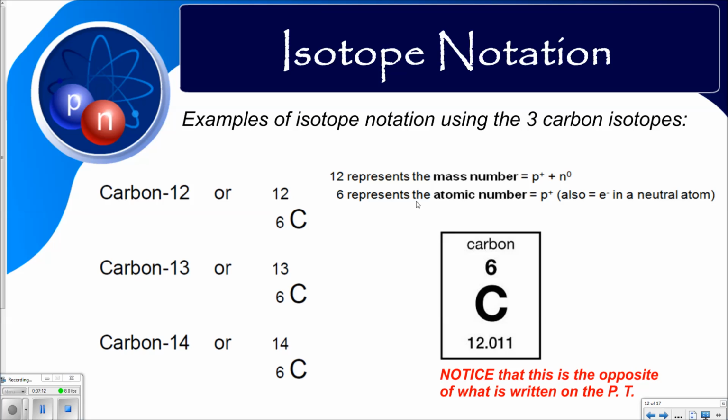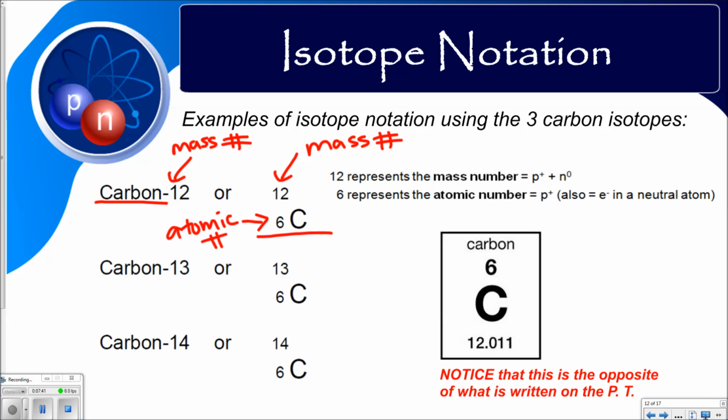In order to show the difference in isotopes, we can use isotope notation. Here are the isotope notations for the 3 carbon isotopes. So we can write out the name dash the mass number, or this form gives a little more information. On top it has the mass number, but on bottom it has the atomic number.